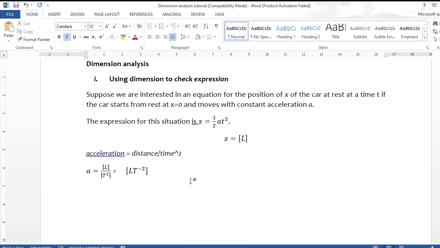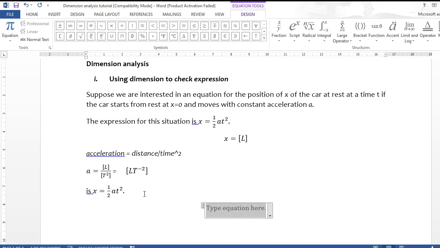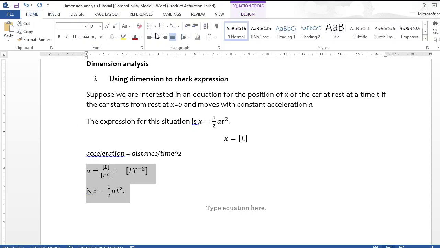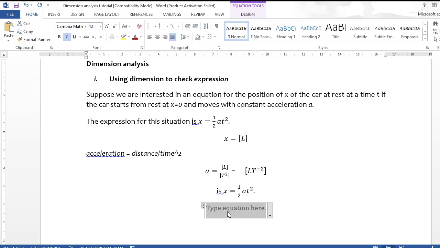Now, if I write this equation in terms of dimensional analysis, on the left-hand side we have x, which has dimension of L. On the right-hand side we have the dimension of acceleration, times, so I put a dot, the dimensions of time, which is T to the power 2.